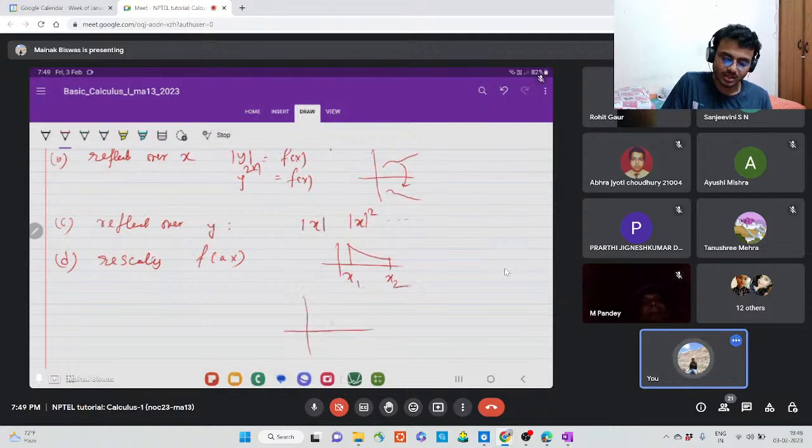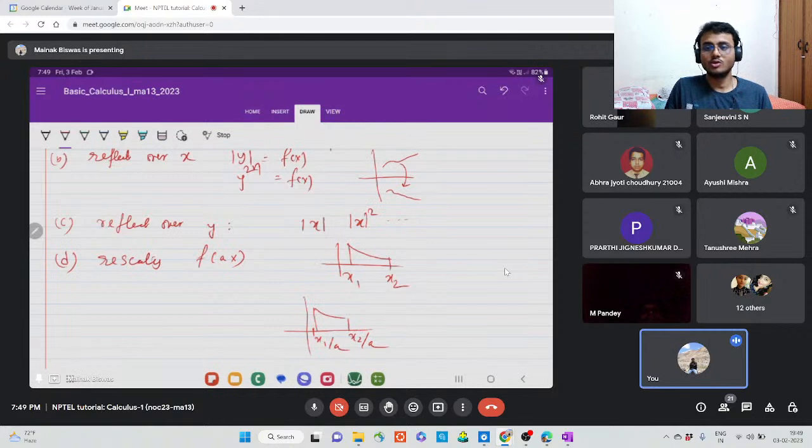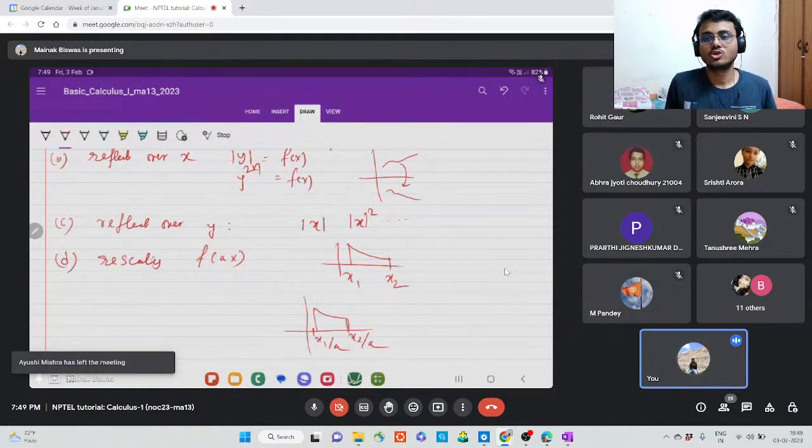It will become between x1 by a and x2 by a. So you will shrink the function. If a is more than 1 you shrink, less than 1 you enlarge.